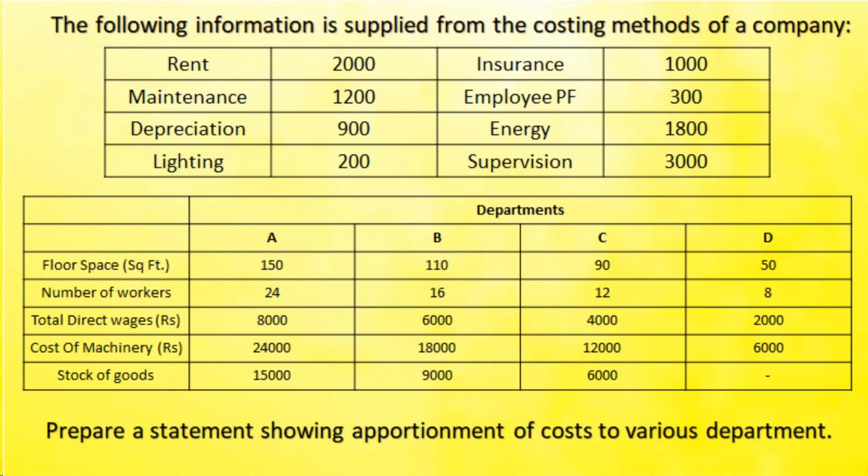Then they have given us the total direct wages, the cost of machinery, and the stock of goods. We need to prepare a statement showing apportionment of costs to various departments. Whatever costs they have given, we need to distribute to the various departments. Now let us see how to do that distribution.